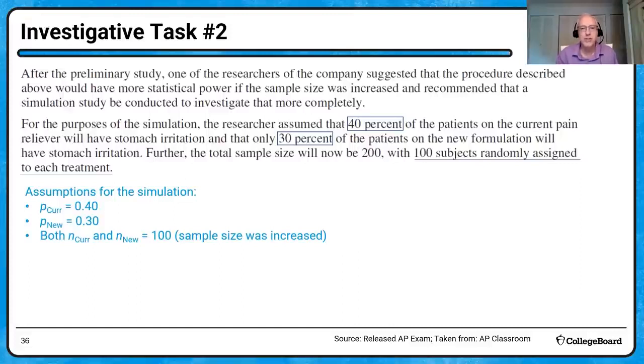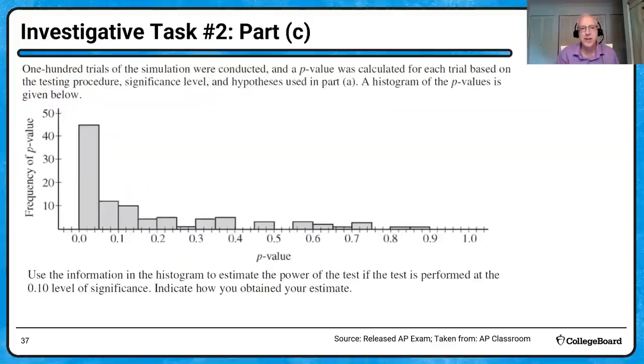For the new formulation, it is 0.3, and that both group sizes have been enlarged to 100. So we have some specific values that the researchers are assuming. The 10 percentage point difference, or the reduction in stomach irritation based on the new formulation, is what we're assuming.